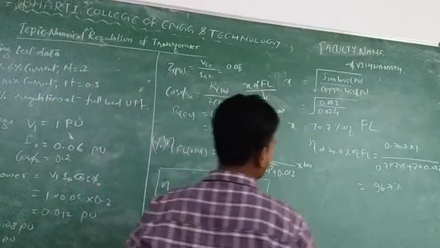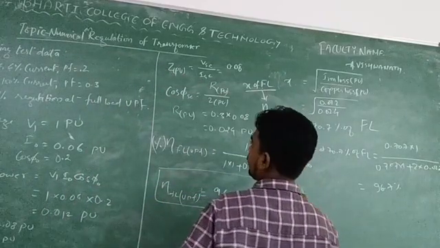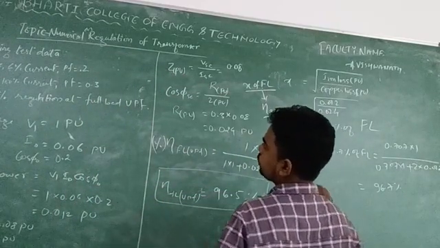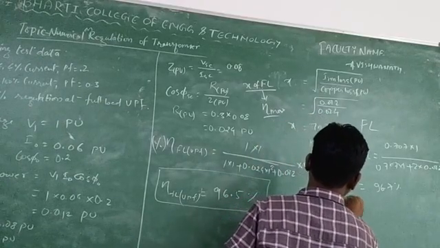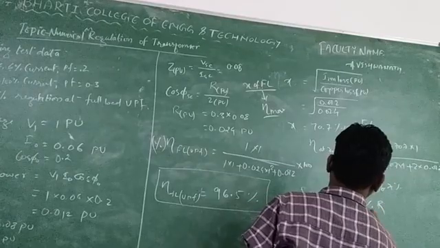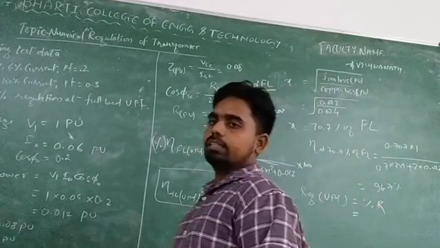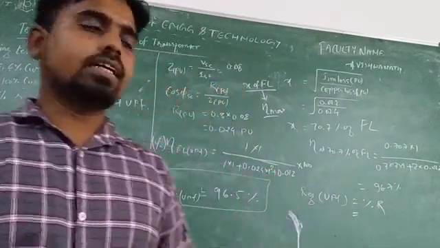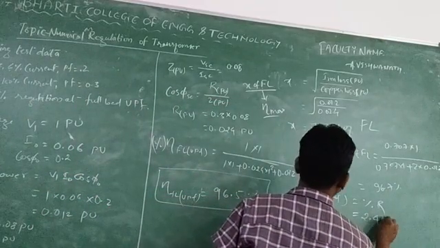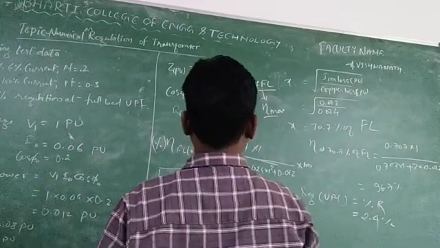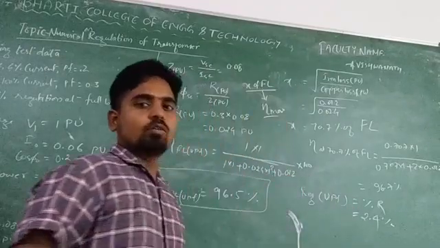So regulation at unity power factor is equal to percentage resistance, and the percentage resistance is 2.4%. Percentage resistance is 2.4%.